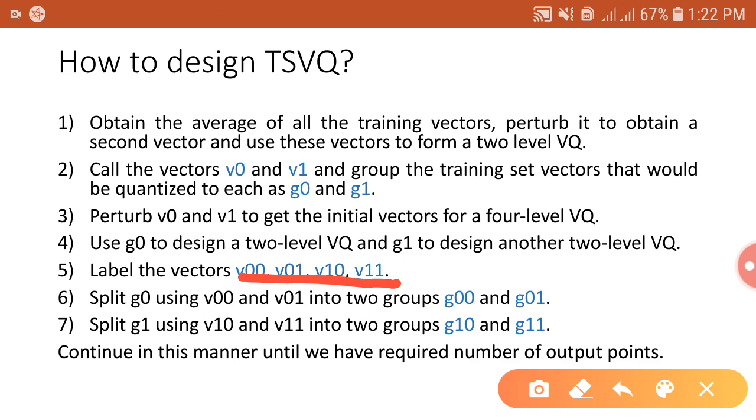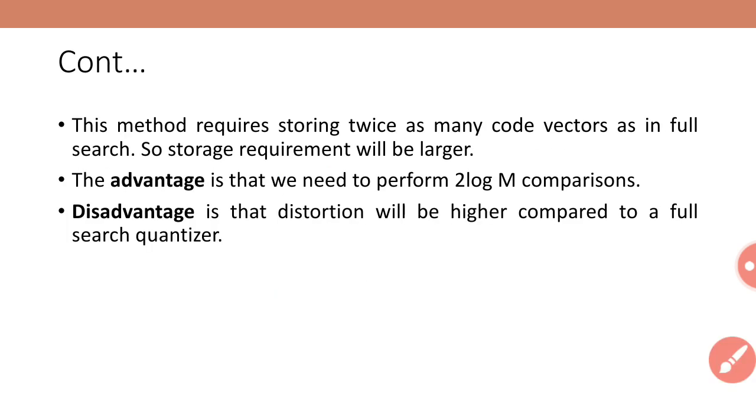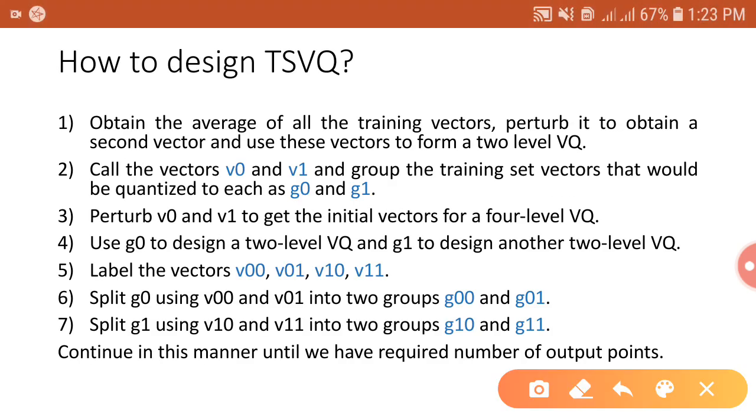Now you will split G0 using V00 and V01 into two groups, G00 and G01. So using these two vectors V00 and V01, you will get two groups G00 and G01 from the initial group G0.